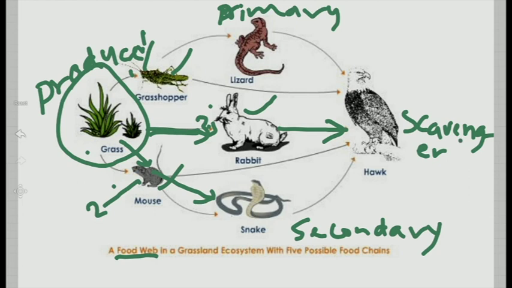We have a link from producer to primary consumer, secondary, and then the hawk becomes a scavenger. So we are shown here the link which is now more complex and a combination of many food chains, which is a food web.